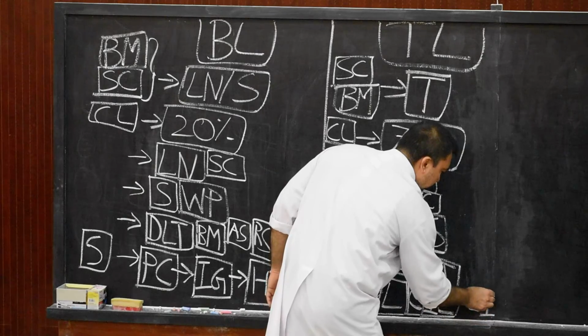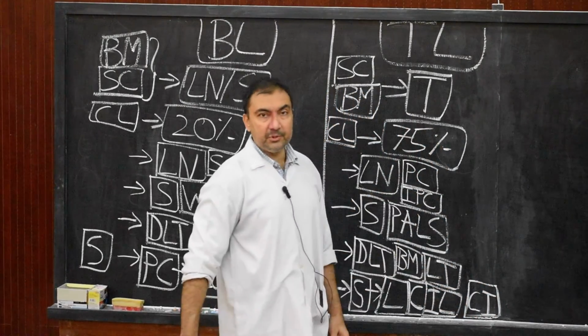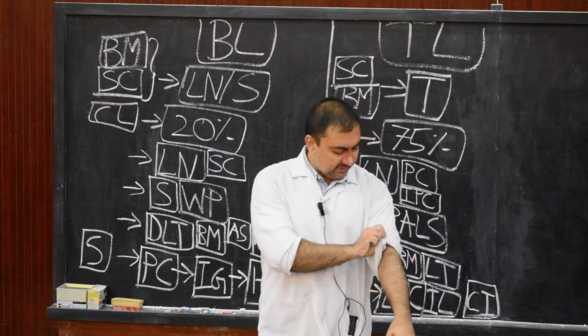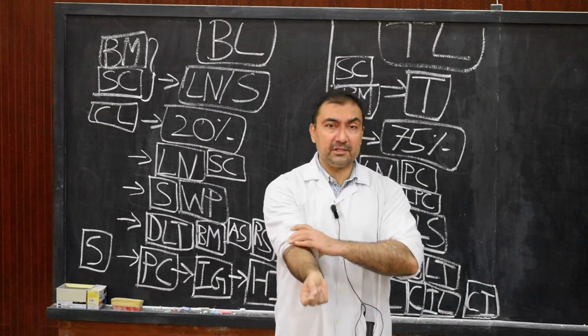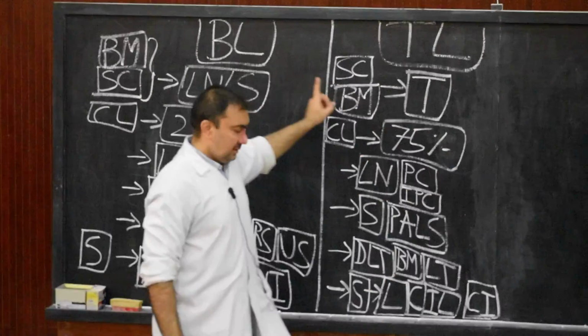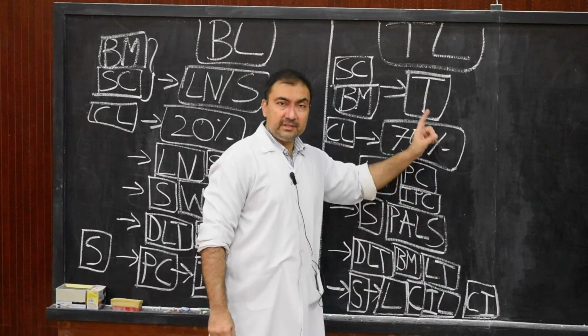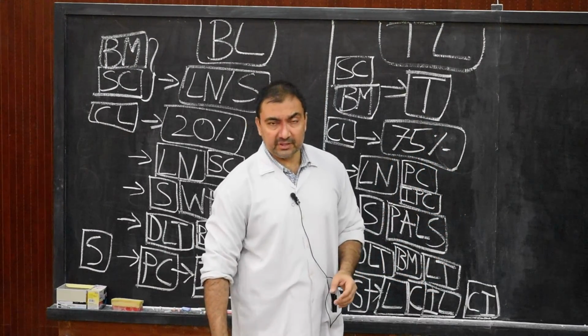Cellular immunity, or cell-mediated immunity, is a feature of T lymphocytes. So humoral immunity is B lymphocytes, and cellular immunity or cell-mediated immunity is T lymphocytes.